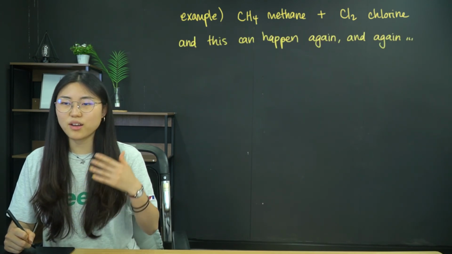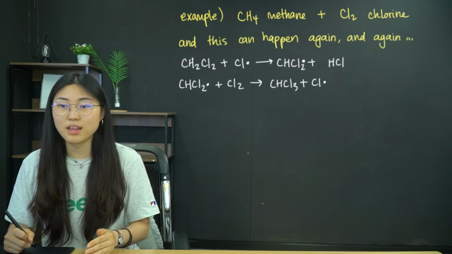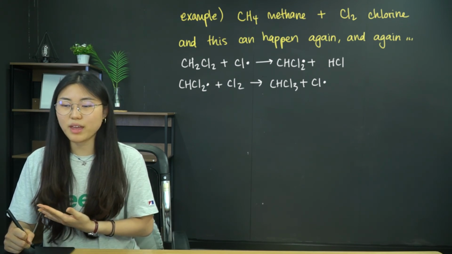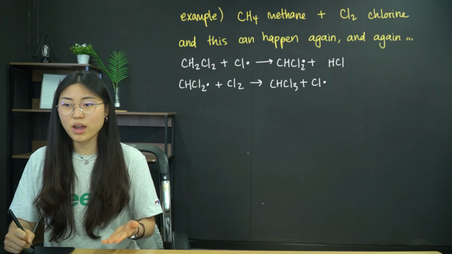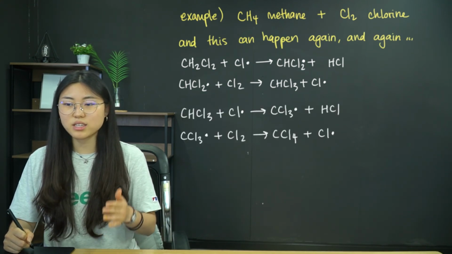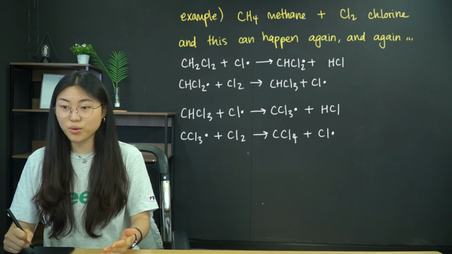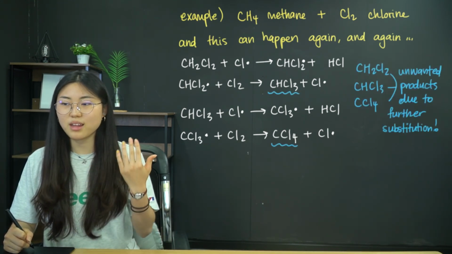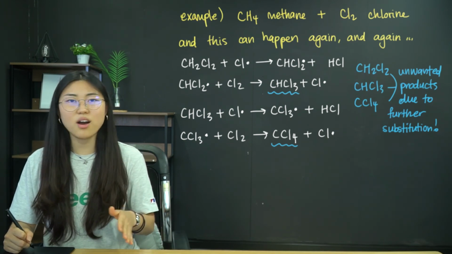That dichloromethane is going to undergo propagation again and form a trichloromethane. A trichloromethane can again undergo propagation and give a tetrachloromethane. Dichloromethane, trichloromethane, tetrachloromethane, these are all unwanted products.